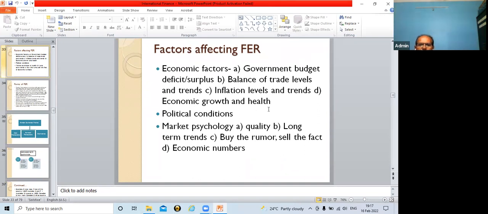Next one is economic growth and health. There is a very positive relationship between economic growth and health. If the citizens of a country are in good health and have fitness, naturally they can contribute, meaning their working capability is higher, and because of this higher working capability, they contribute to the nation's economy.